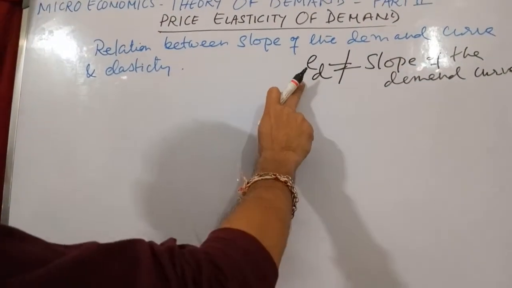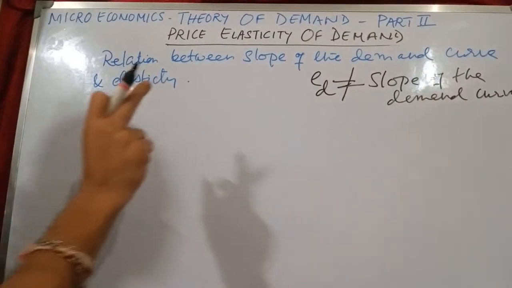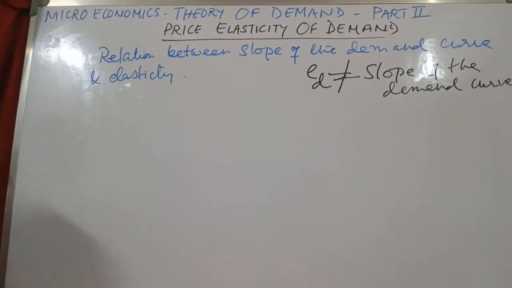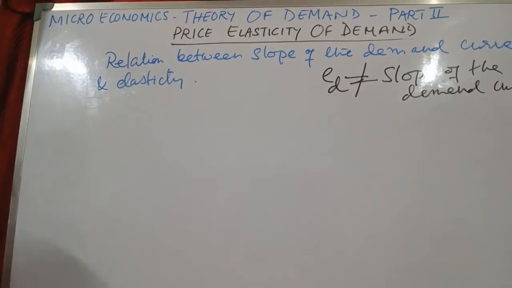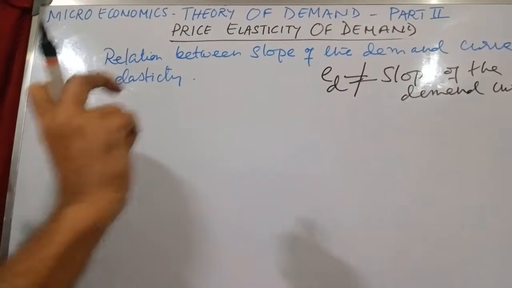Price elasticity relates two percentage changes, that is, percentage change in quantity in the numerator, and percentage change in price in the denominator. But slope of the demand curve is the ratio of two absolute figures.